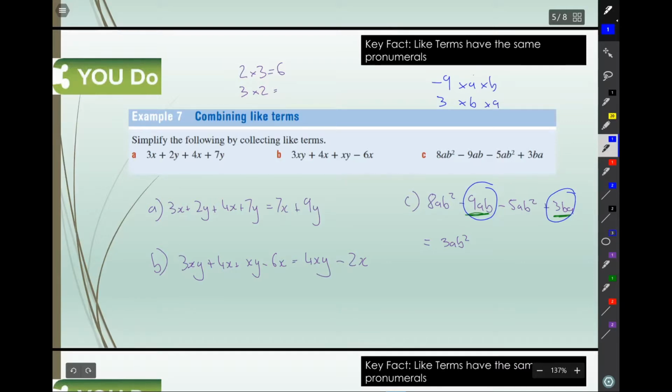So it doesn't really matter what order these letters come in, they mean the same thing. We could just as easily write this as minus 9ba, or we could write this as 3ab. It doesn't matter, those are considered like terms. We can combine them. Minus 9 plus 3 leaves us with minus 6. I'm going to write it as ab.